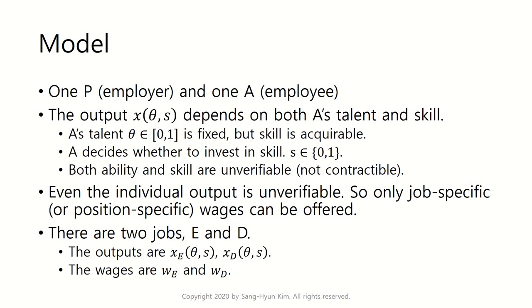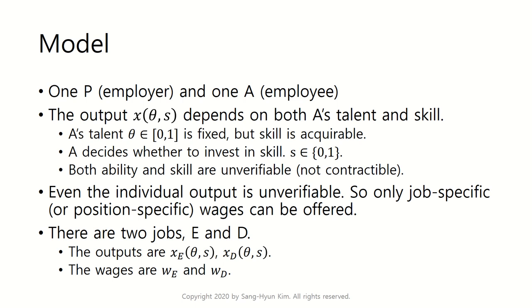Skill is acquirable. So output is a function of talent and skill. Talent is fixed, skill is acquirable. And the agent decides whether to make an investment in skill. If the agent makes an investment, then the skill level becomes 1.